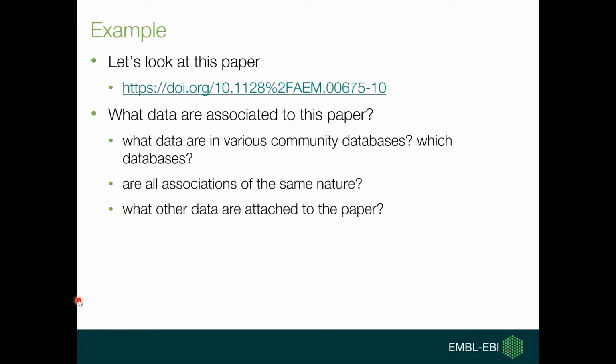When one reads this paper, the questions could be: what data have been submitted to various community databases that are relevant to this paper? Which are those databases? Are all the associations to the data sets of the same nature? And what other data are attached to this paper?